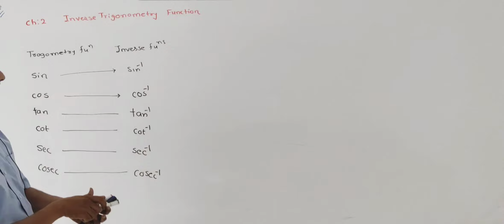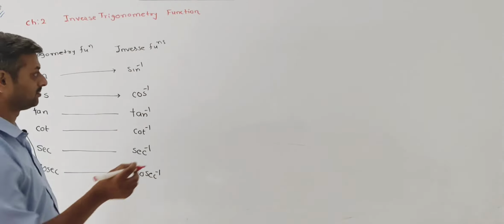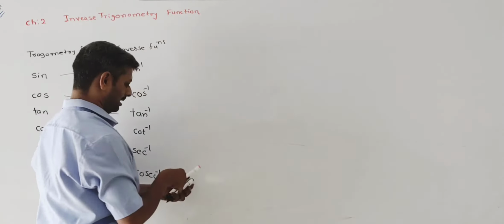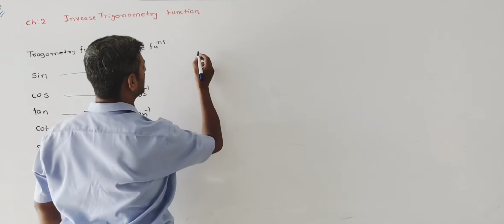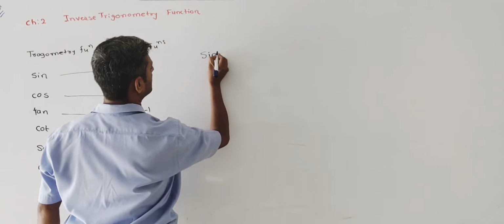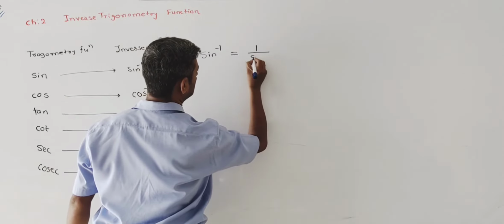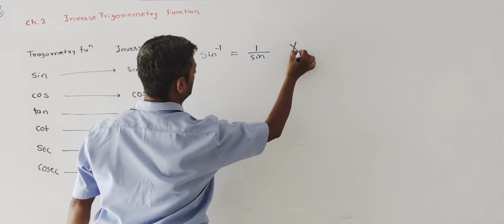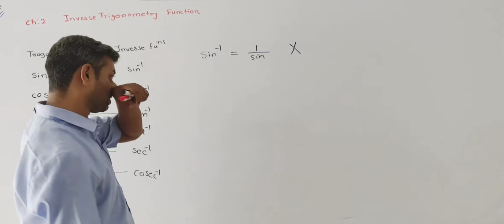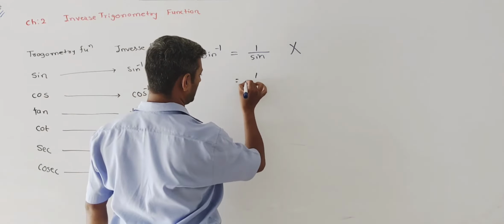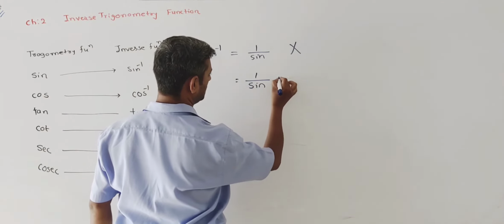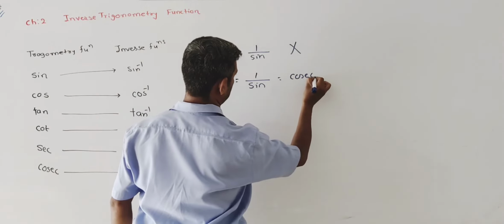But what are these inverse functions? If you think that sine inverse is equal to 1 upon sine, then that is not correct, because 1 upon sine is equal to cosec.